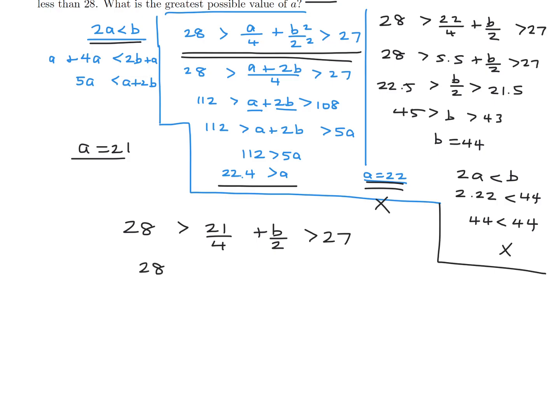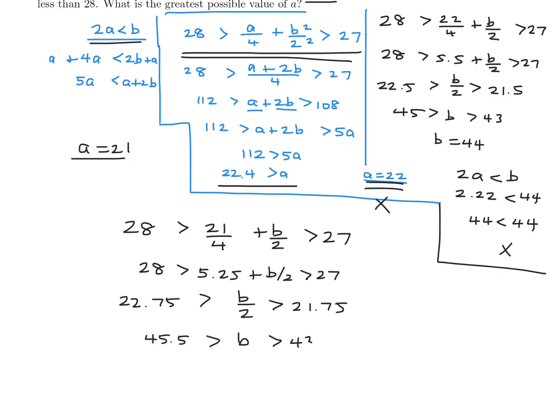So that's 28 is greater than 5.25 plus B over 2 is greater than 27. And therefore, B over 2, subtract 5.25 from both sides, so 22.75 greater than 21.75. Then multiply through by 2, so B would be between 45.5 and 43.5, and therefore B is going to be 44.